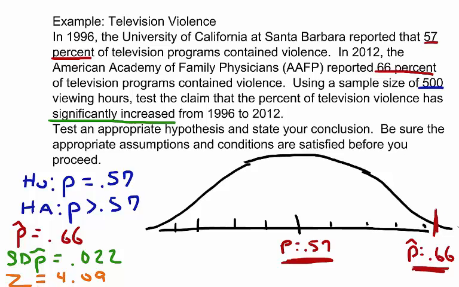At this point, you can use a z-score table to look up the probability. In your table, you can look for a z-score of 4.09 and find the associated probability that corresponds to it, or we can use our calculator to calculate the value.